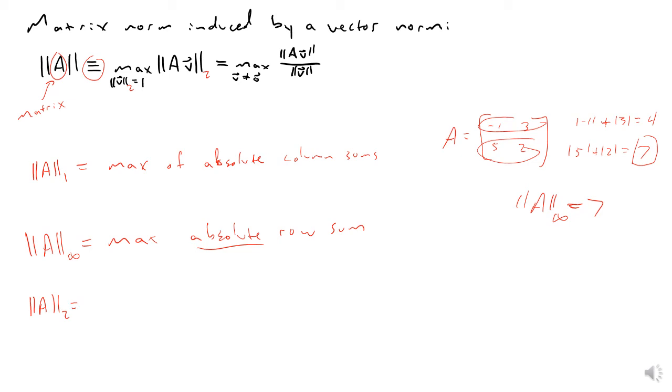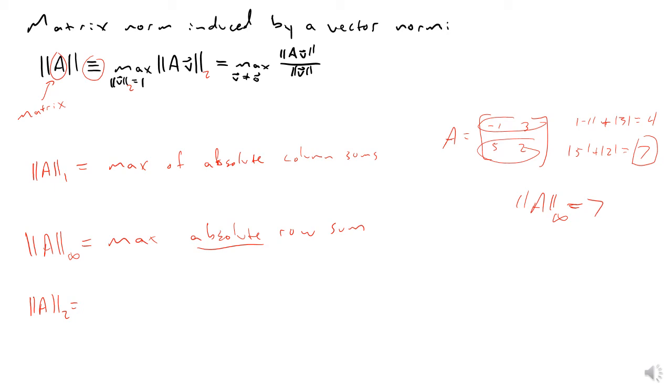But the norm induced by the 2 norm for vectors, what you do there is you take the square root of the largest eigenvalue of A transpose A. All right, so that sounds strange.